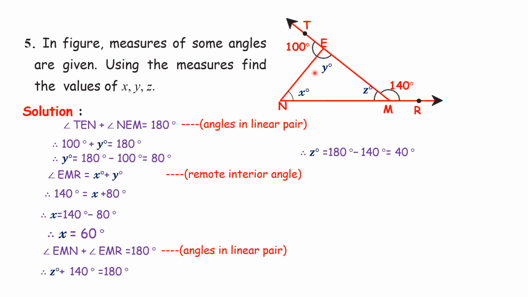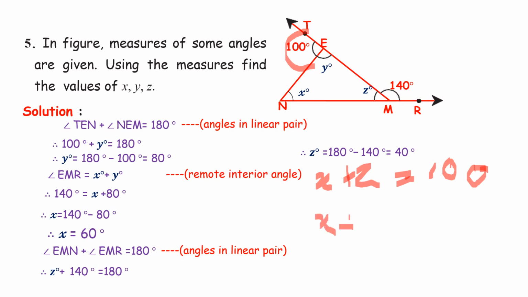Now suppose I first find the value of z. The value of z is 40 degree. I said angle x plus z is equal to 100 degree, because this is an exterior angle.